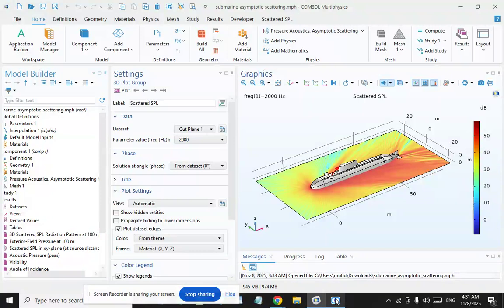The goal is to develop a mathematical and numerical model that accurately depicts the phenomena of acoustic scattering induced by high-frequency underwater submarine vehicles.